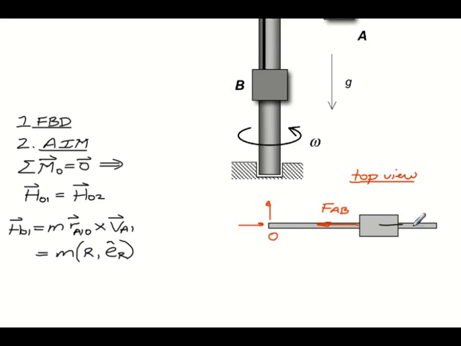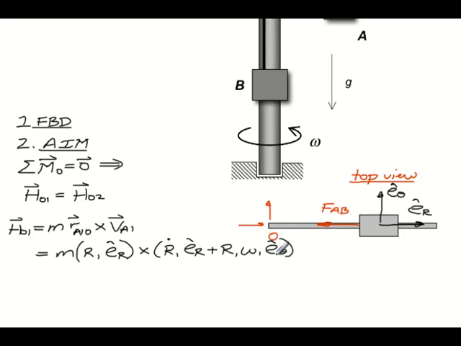I'm going to use a radial unit vector ER and E theta like this. And the initial velocity for A, in general, there's an R dot ER and R omega 1 E theta.